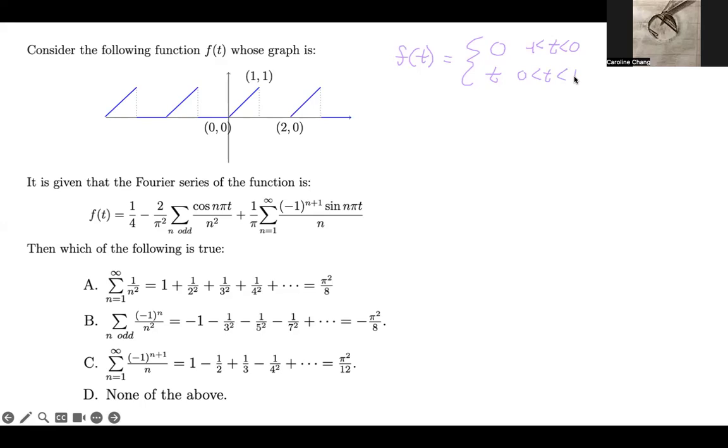This will be useful for us in solving this equation because essentially what we have to do is pick our t values wisely so that certain terms disappear and we get a nice expression for f of t.